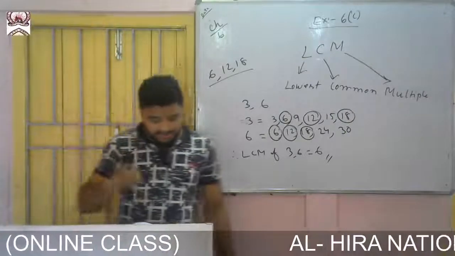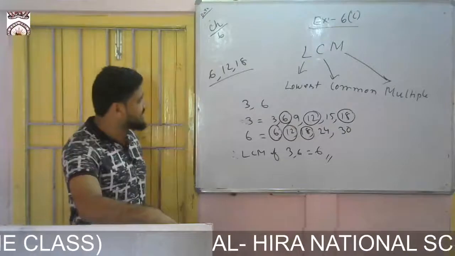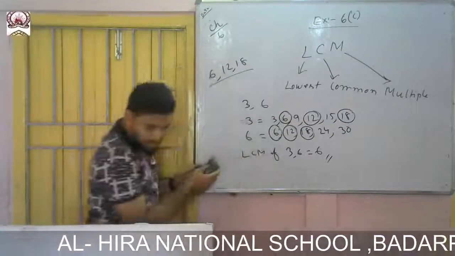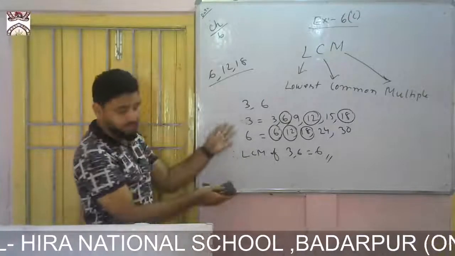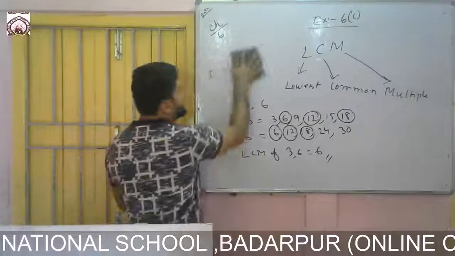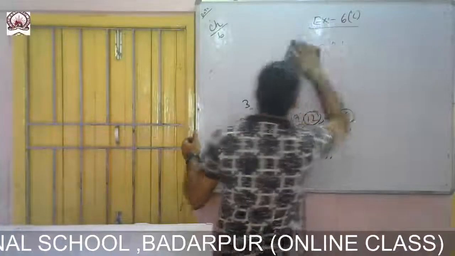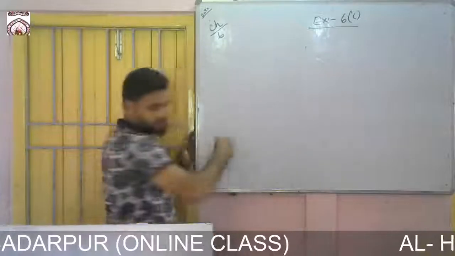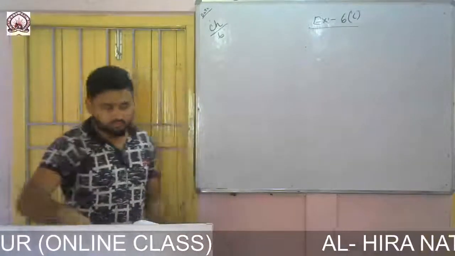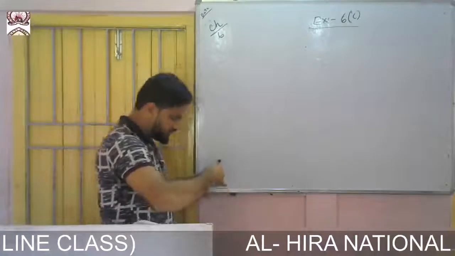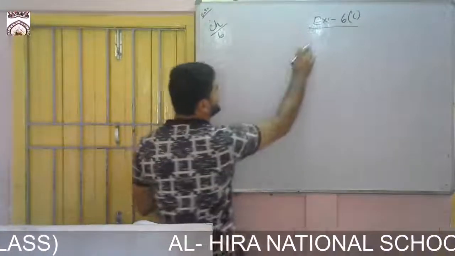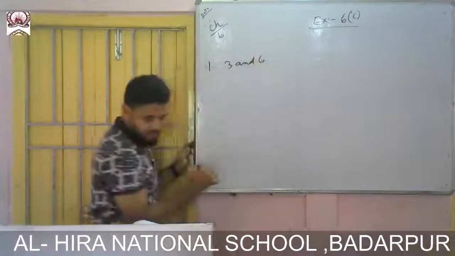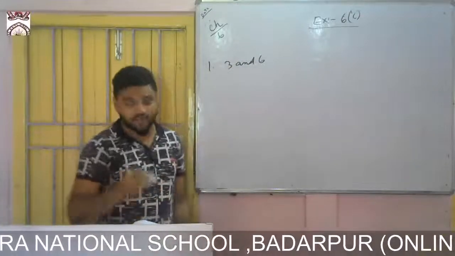Now come to question number 6c. You see, the same question is given. Whatever example I have taken is given in the question. So you write. Question number 1: 3 and 6, with the help of multiplication tables.